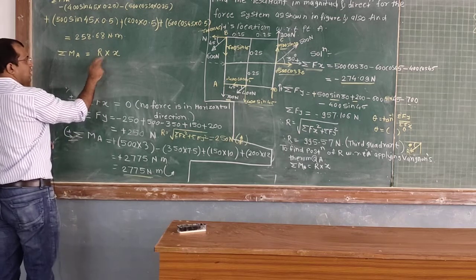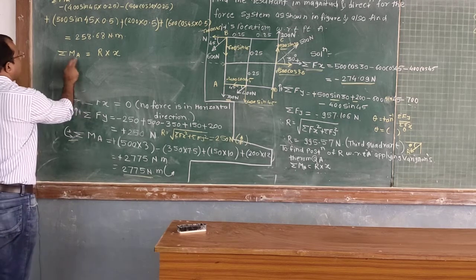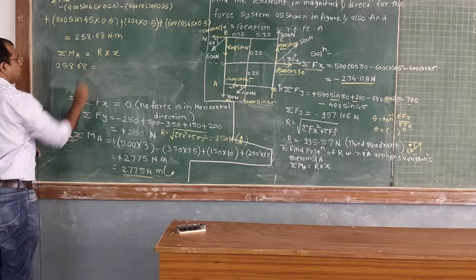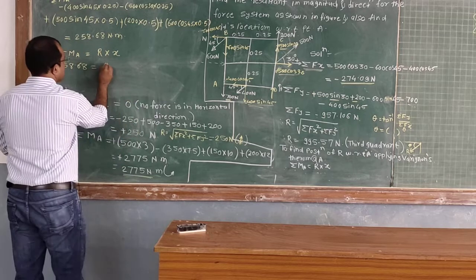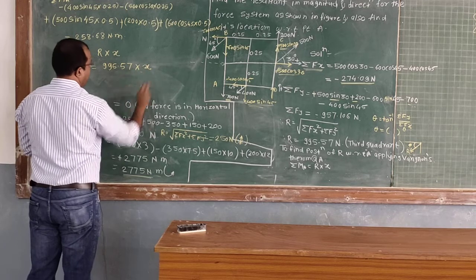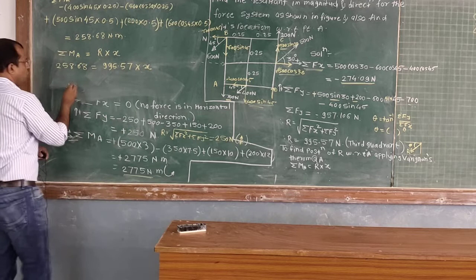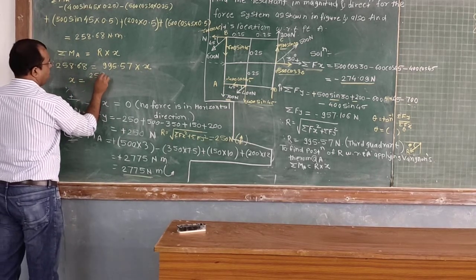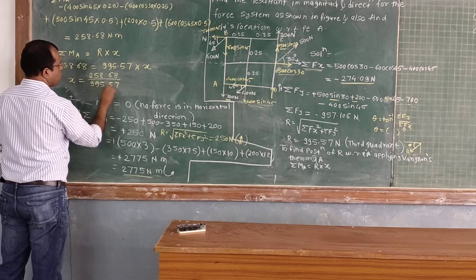So R is the resultant, and X is the perpendicular distance of the resultant from point A. What is the moment about A? We get 258.68 is equal to R, whose value is 995.57, into X, where X is the perpendicular distance of the resultant from point A. You will get the value of X after solving this: 258.68 divided by 995.57.